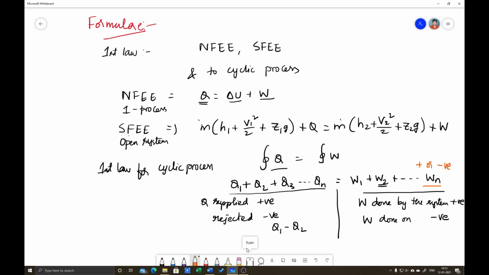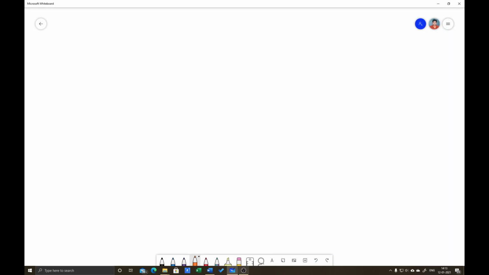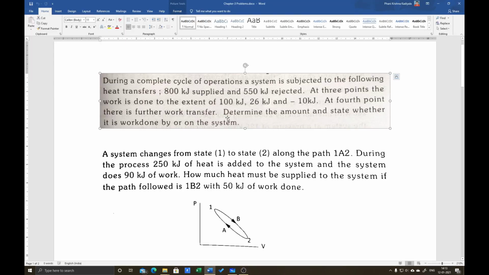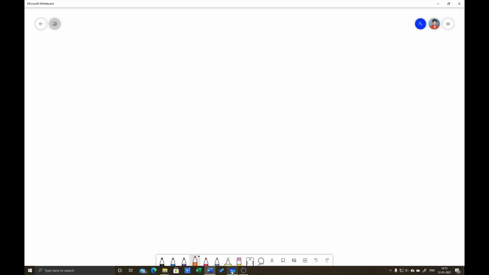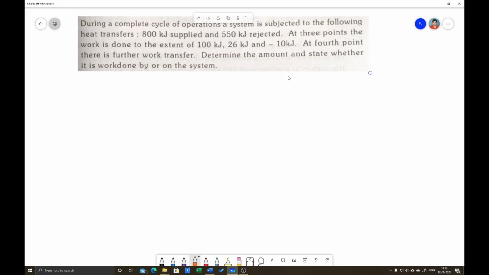These are the formulas you require for solving problems on the first law. So coming to the problems, first let us solve this problem.